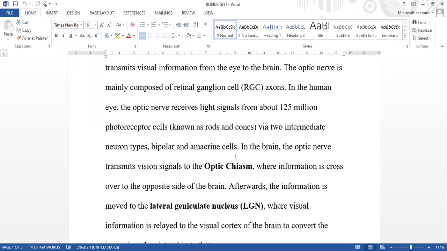Thank you, Godwin. Except olfactory information. Yeah, for olfactory information, it passes through the olfactory bulb. Good, you're right. Thank you.